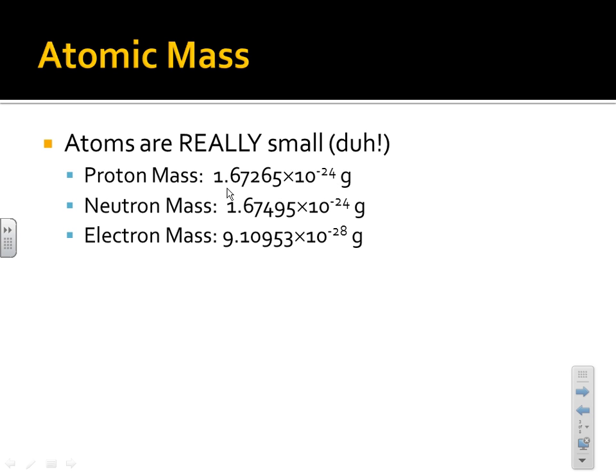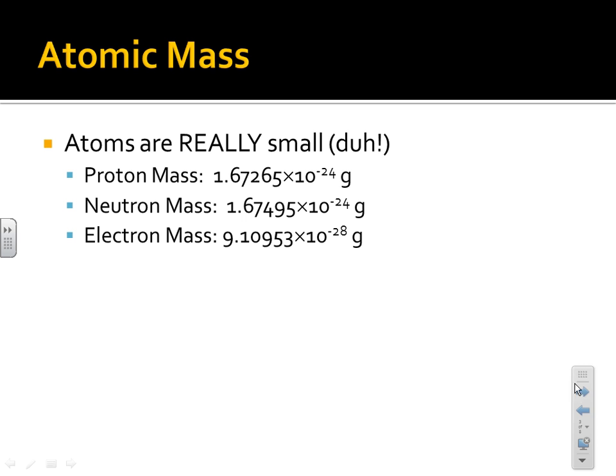Meaning that you have this number, but what's in front of it? 24 more digits. Not 24, it's actually 23, because we have to move the decimal. We'll talk about that more later this week. There are 23 zeros that show up before this. That's not convenient for us to do anything with, right?